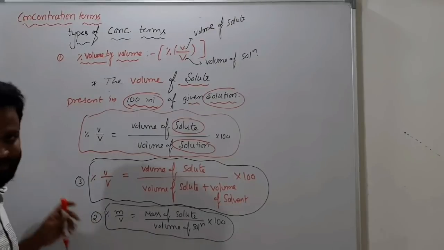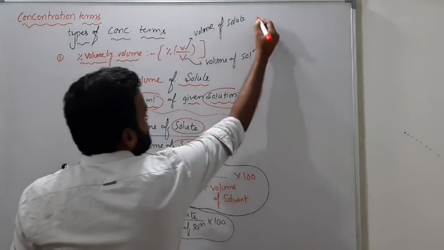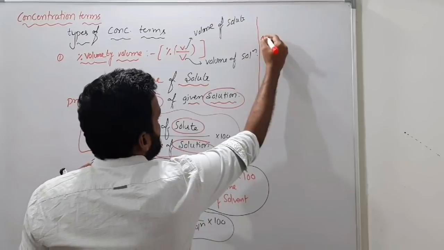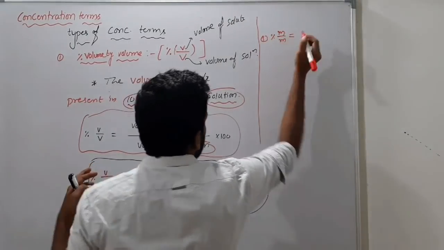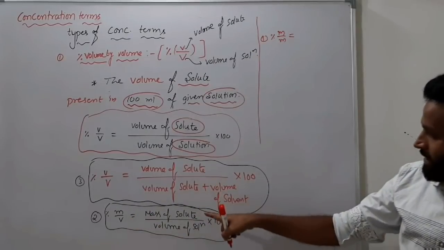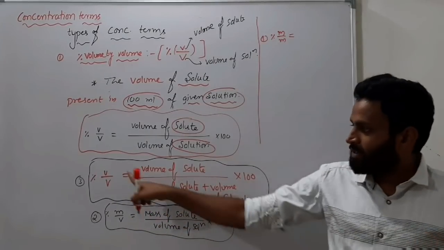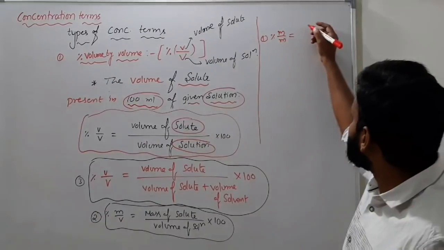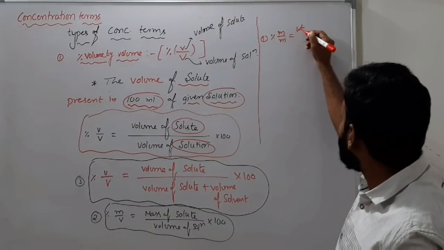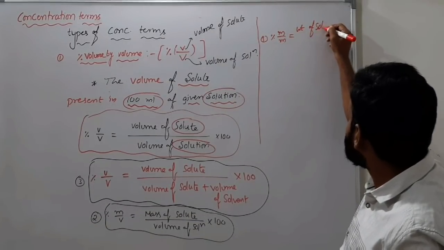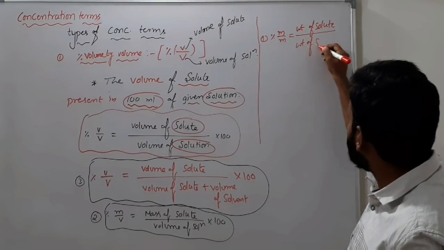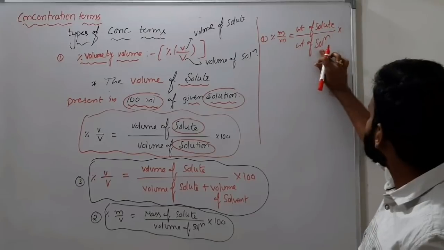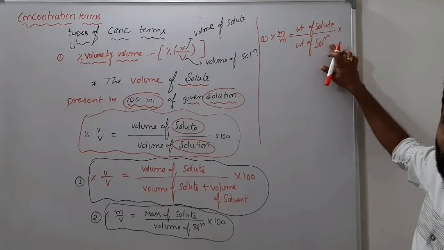And number 1, what is that? That is percentage mass by mass, M by M. Percentage M by V, this is. Percentage V by V. Percentage M by M is weight of solute by weight of solution, into 100.